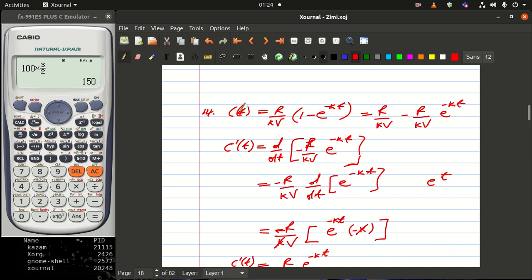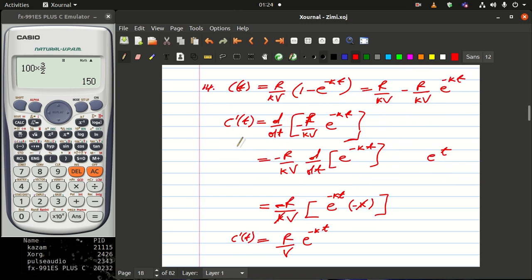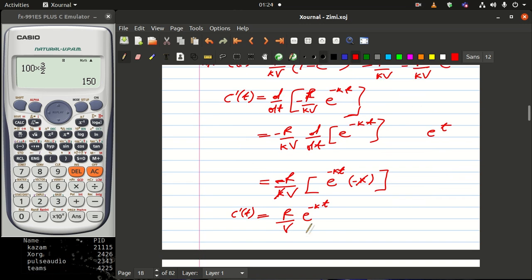So its first derivative is the rate of increase. In the other question, where the concentration was d e raised to minus kt, the first derivative was the rate of decrease. Here, because this is an increasing function, the first derivative is a rate of increase. So we have the first derivative.